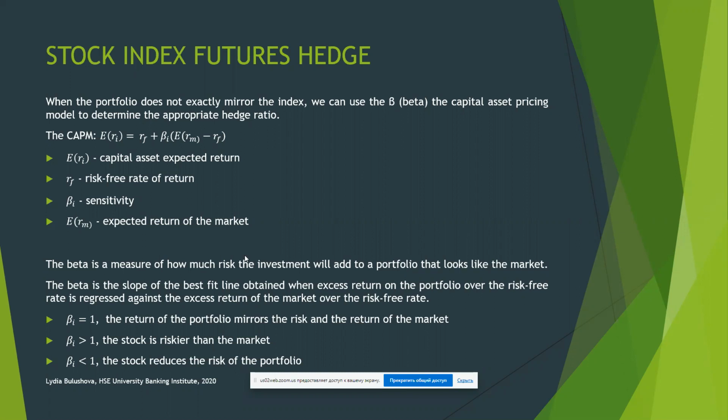So consider the CAPM, the capital asset pricing model. We have expected return expressed via the risk-free rate, beta, and the expected return of the market.